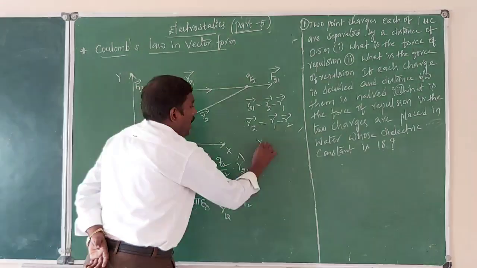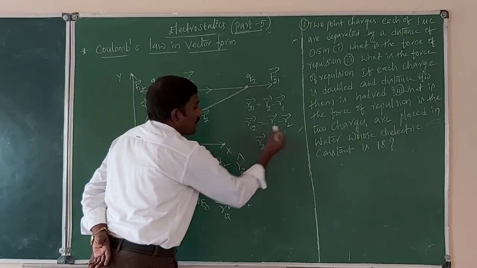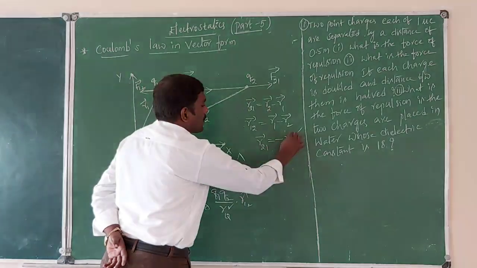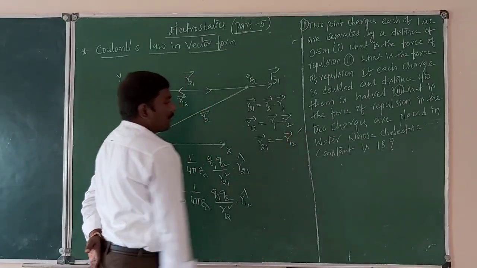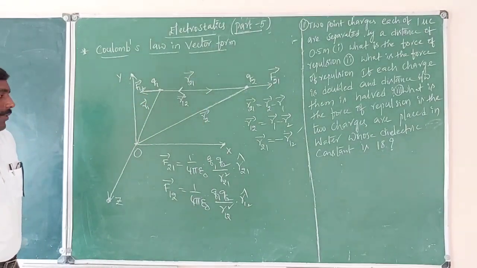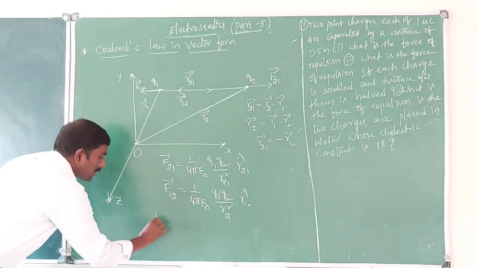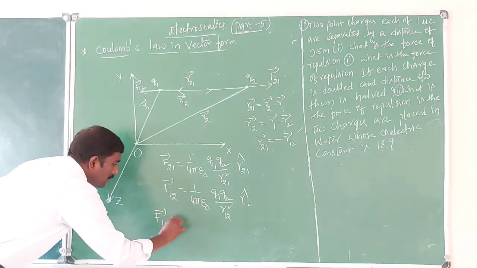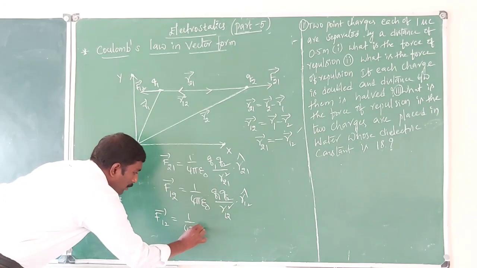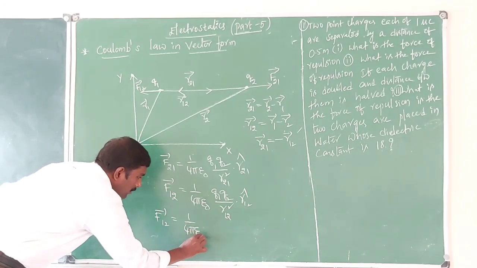That is, the R21 vector is equal to minus the R12 vector.